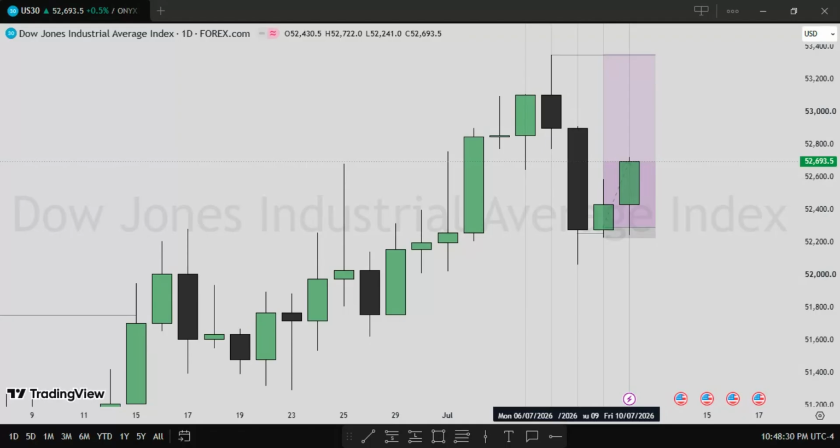That's before, during, and after the announcement. Because this simple exercise will help you understand that the market doesn't move by chance. It moves because money is reacting to information.